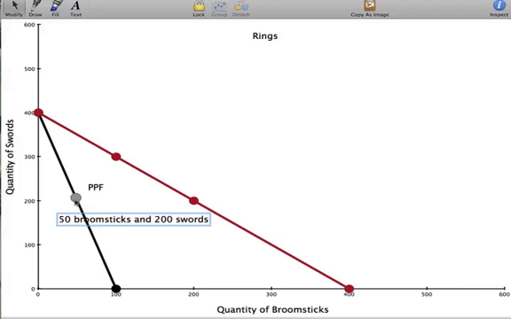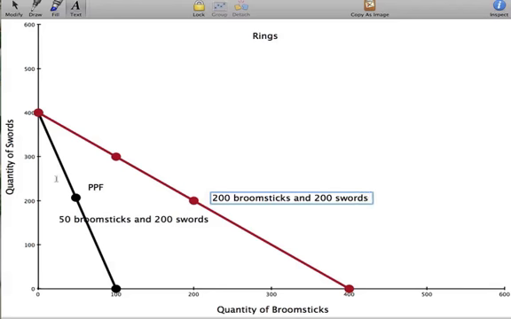This point was on the production possibility frontier because with no trade you consume what you produce. But with specialization and trade, Rings is able to consume such combinations as 200 broomsticks and 200 swords. So Rings goes from consuming 250 goods to 400 goods. We can see that Rings is better off.